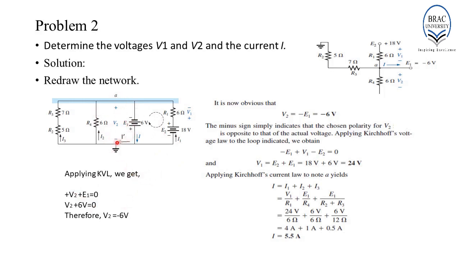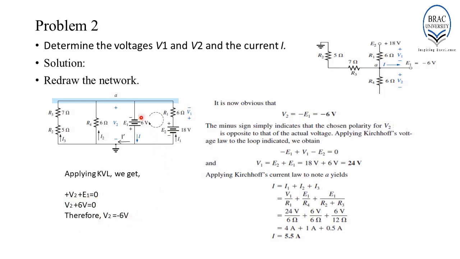We are moving from the negative potential towards the positive potential. Therefore, this is plus V2. Again, we are moving from the negative potential towards the positive potential. So, this is plus E1. Plus V2 plus E1 equals to 0. Therefore, we determined that V2 is equals to minus 6 volts.